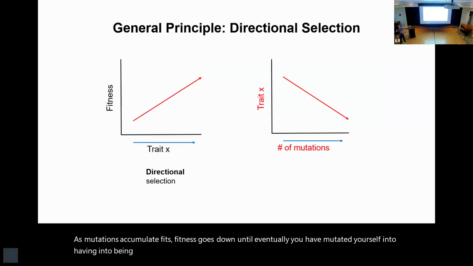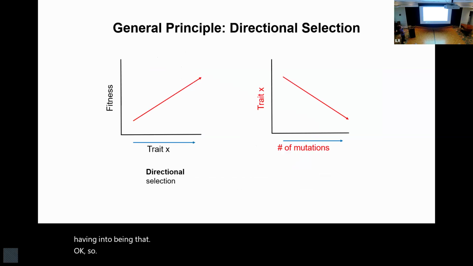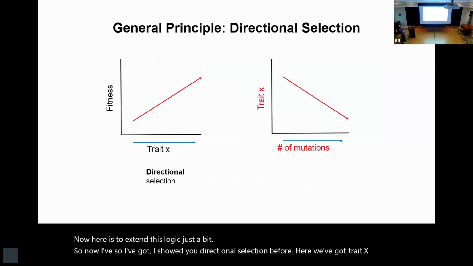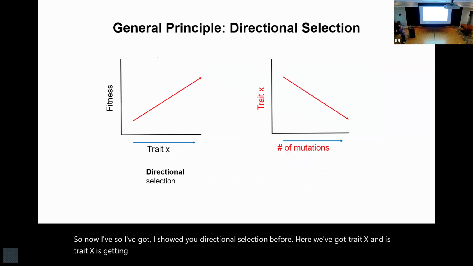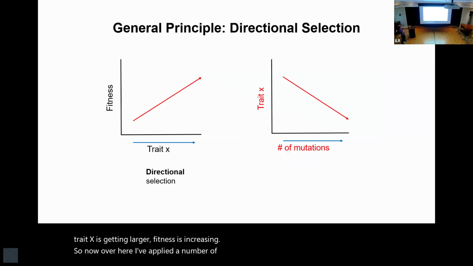Now to extend this logic just a bit. I showed you directional selection before. Here we've got trait X, and as trait X gets larger, fitness is increasing. Over here, I've plotted number of mutations, with trait X on the vertical axis.